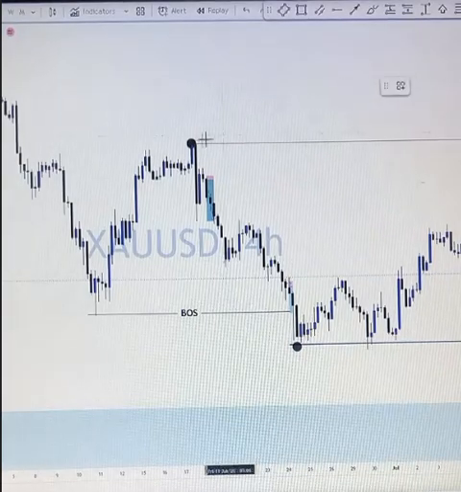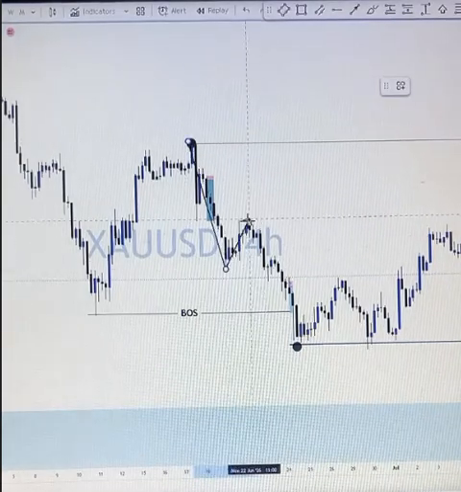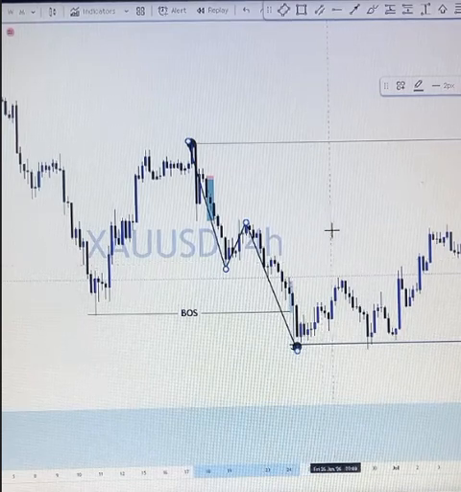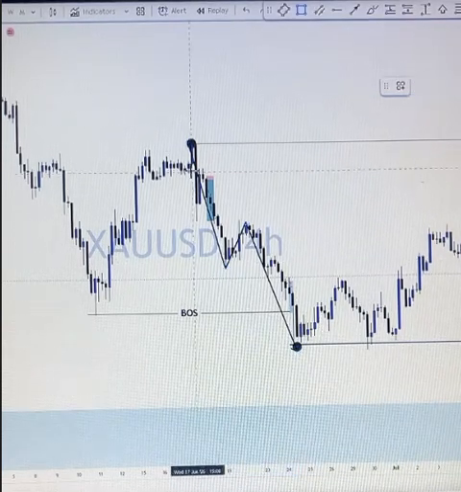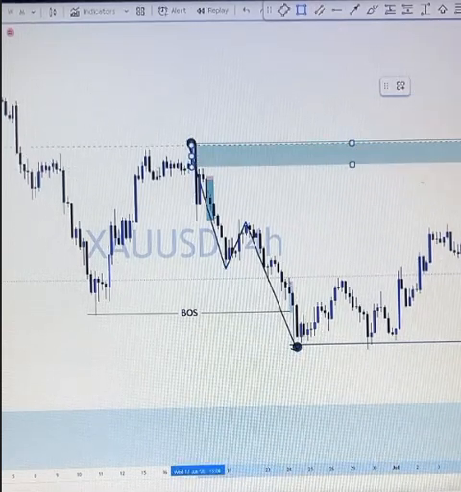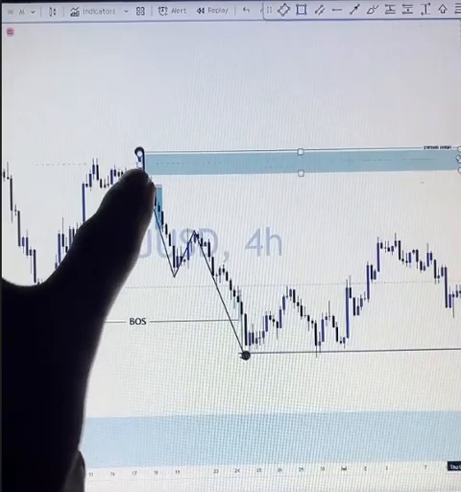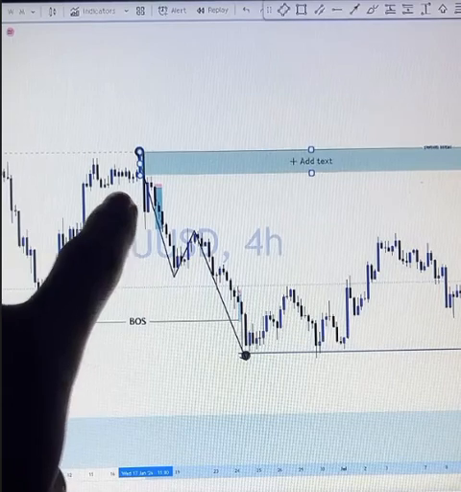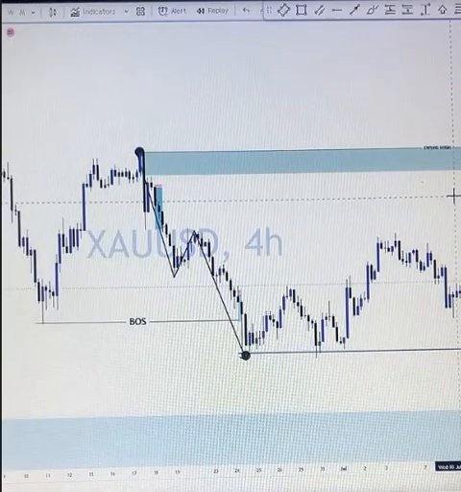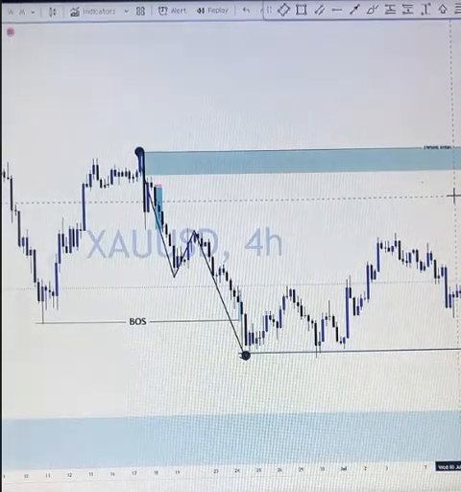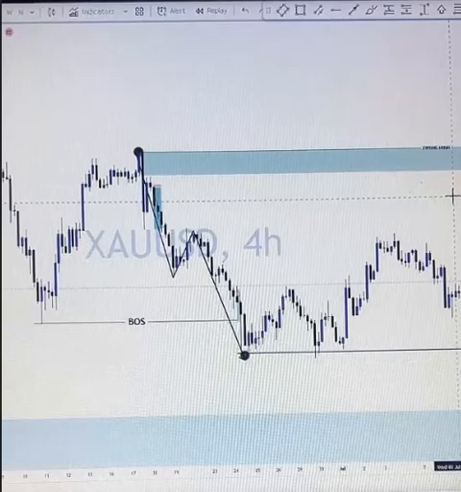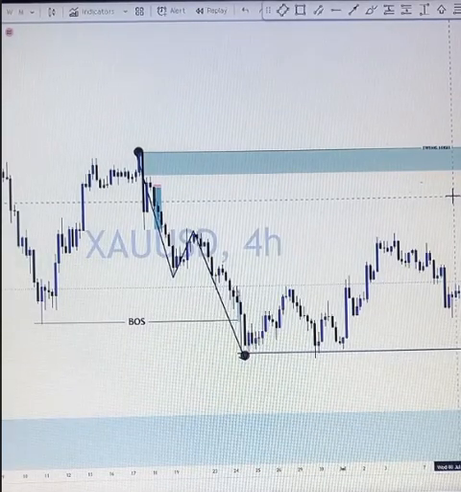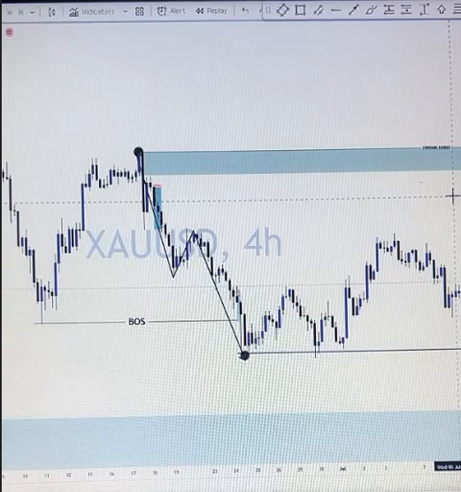So let's check it out. This is breakout, this is pullback, and this is what? Breakout. All right, so this key level right here, what is it called? Thank you, Mr. Austin.